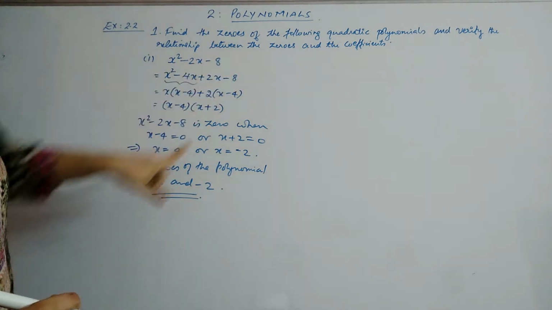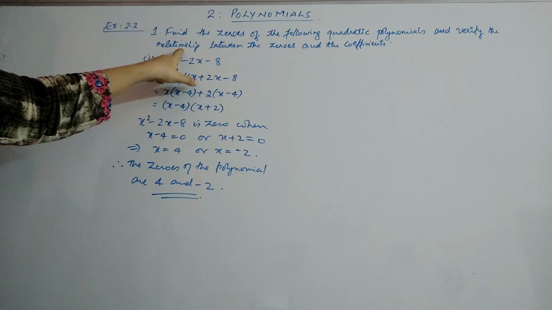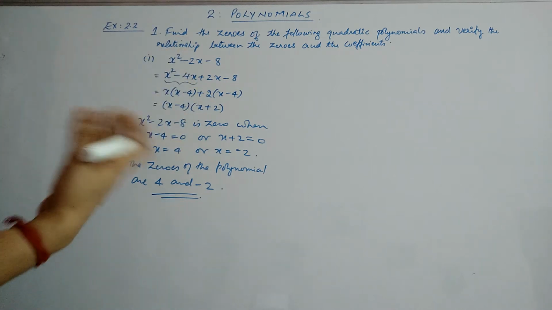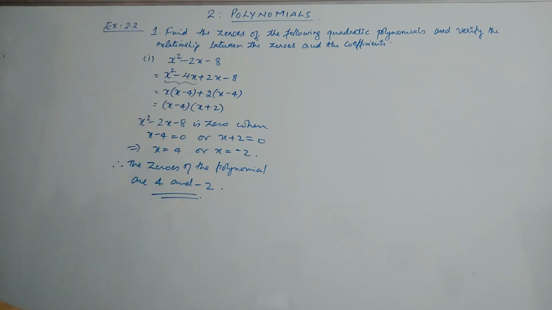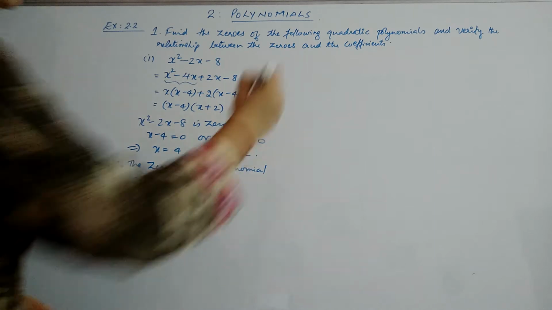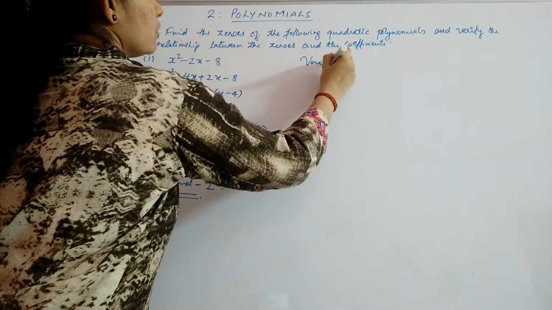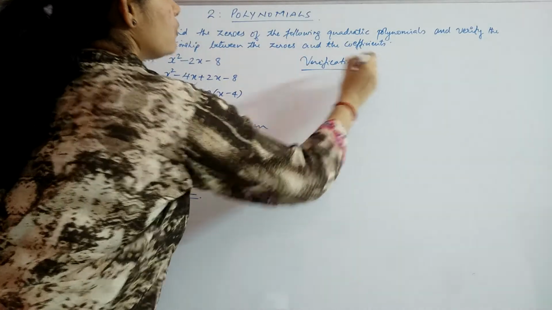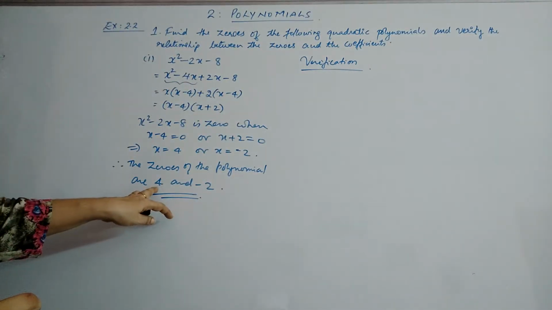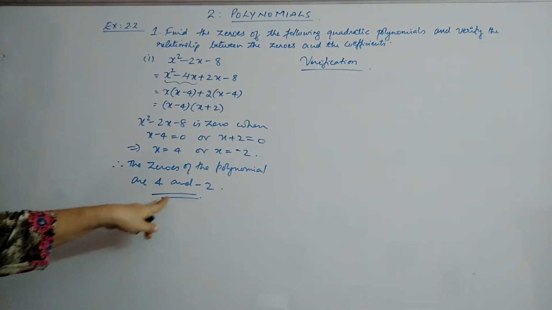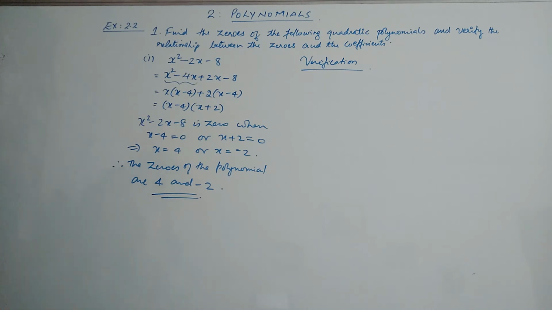Next is, after finding out the zeros, they are asking you to verify the relationship between the zeros and the coefficients. So that verification we will do. Now for verification, we will take the two roots as alpha and beta and find out alpha plus beta and alpha beta, that is sum of the zeros and product of the zeros.